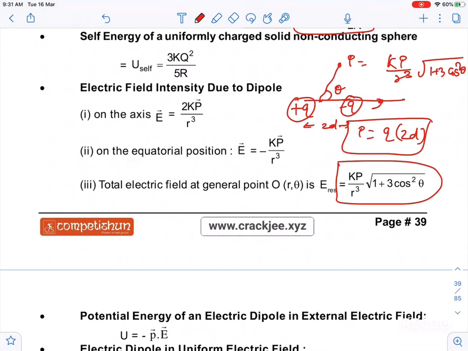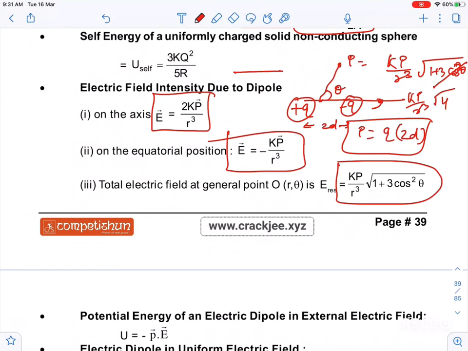Suppose this point p becomes an axial point, on the axis. So theta becomes 0, no? So put theta equal to 0. So what will become, kp by r cube bracket 1 plus, this becomes under root 4, no? So this becomes 2 kp by r cube. But at equatorial position theta becomes 90 degree, so this becomes kp by r cube.